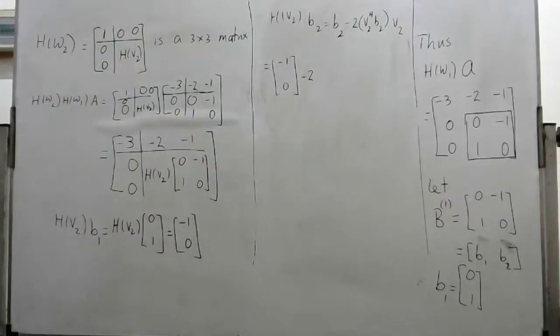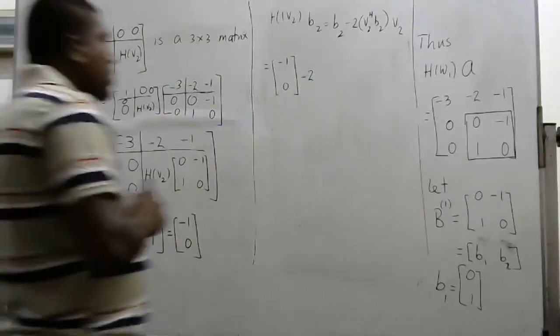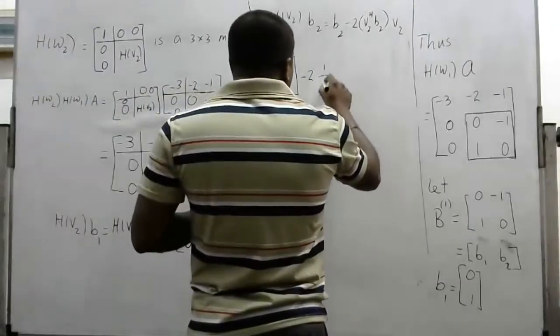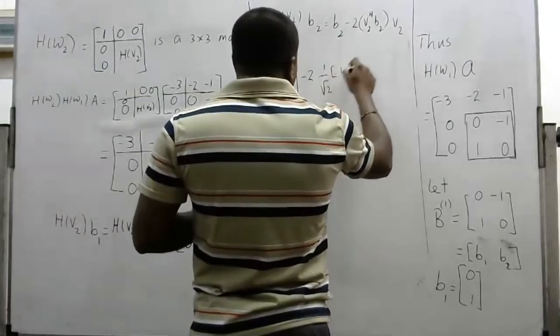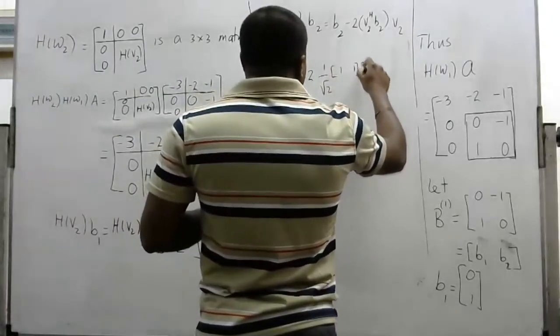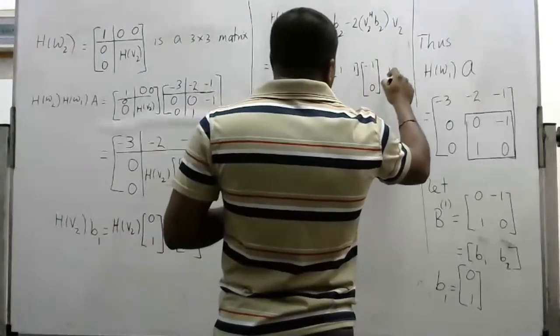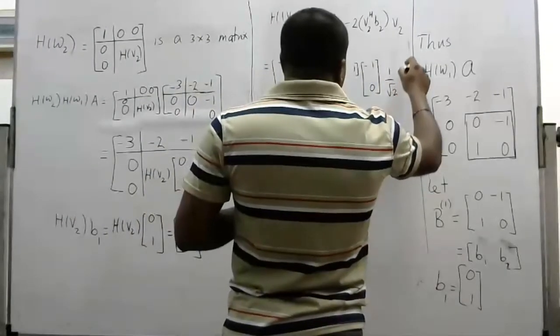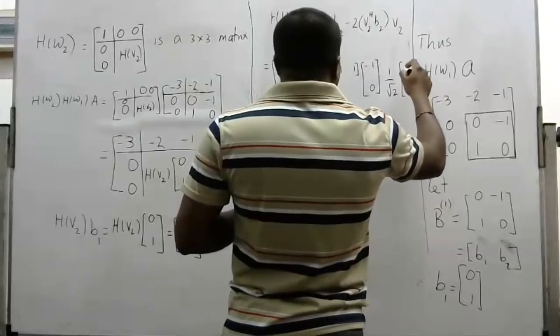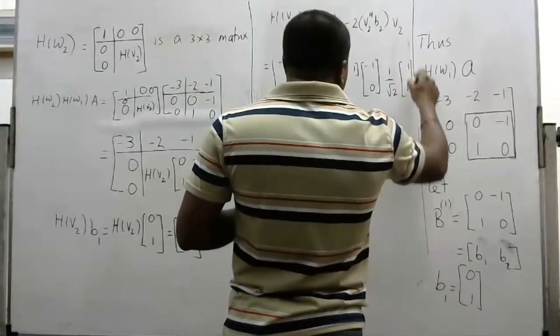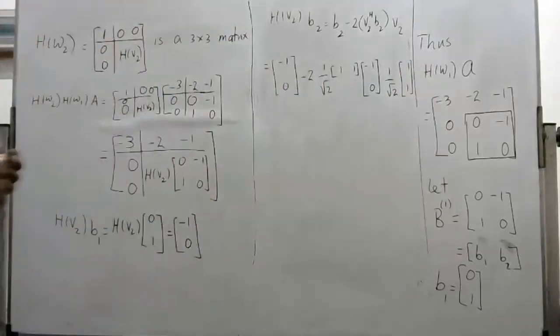So V2 Hermitian is 1 upon square root of 2 times 1, 1. And V2 is -1, 0 times 1 upon square root of 2 times V2, which is 1, 1. Right? So this is how you substitute: B2 minus 2 times B2 Hermitian times B2 times V2.